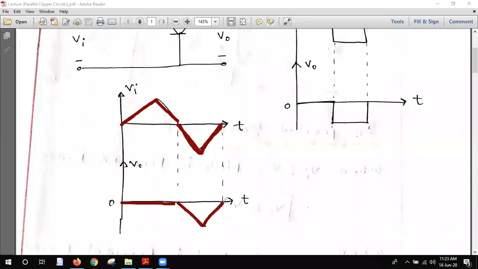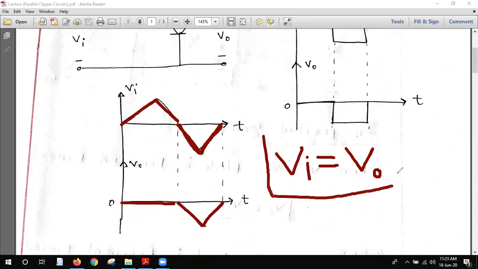So always remember that when the diode is reverse biased and open circuited, the output will follow the input. That means the input equals the output. This will always be a true line for the rest of the mathematics also.